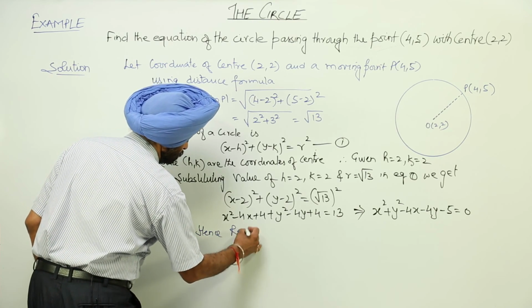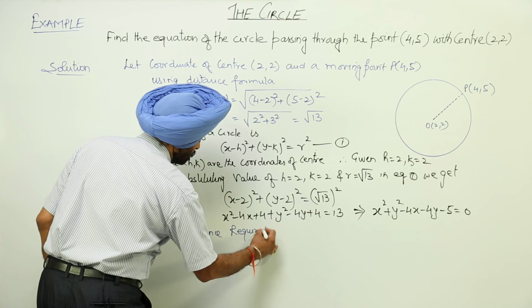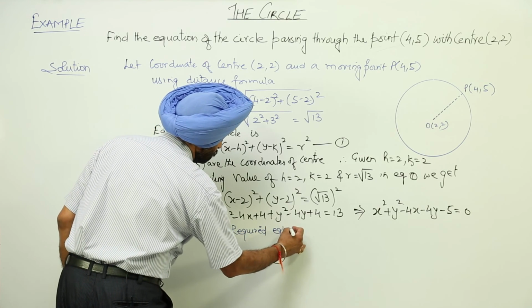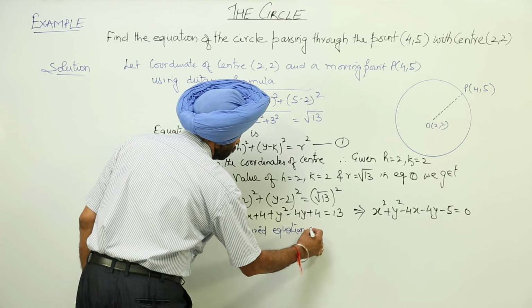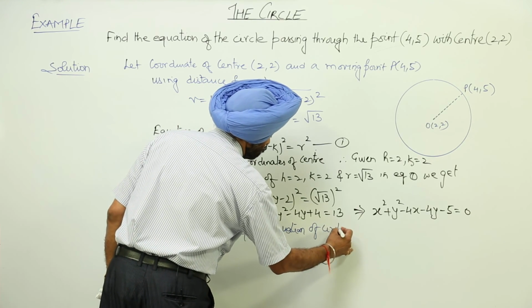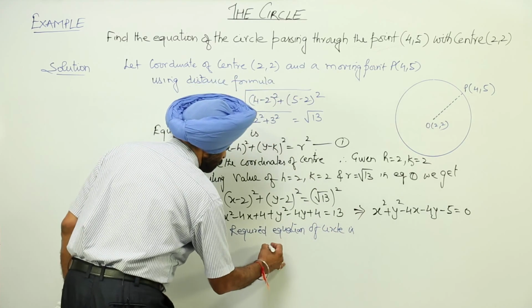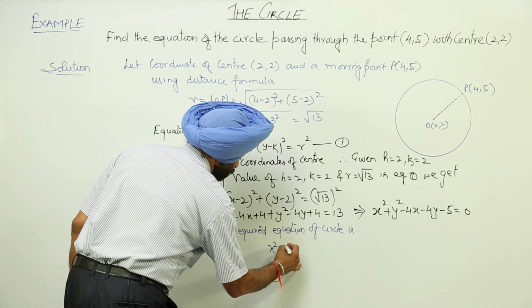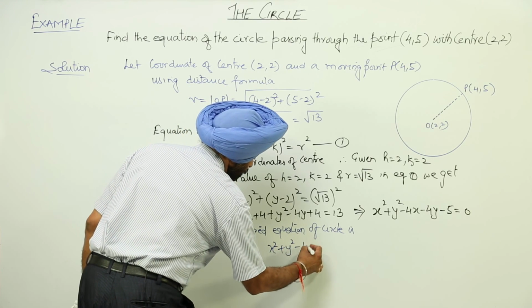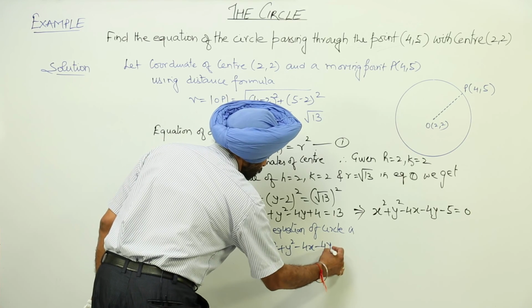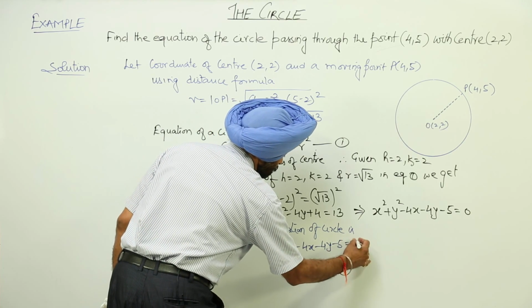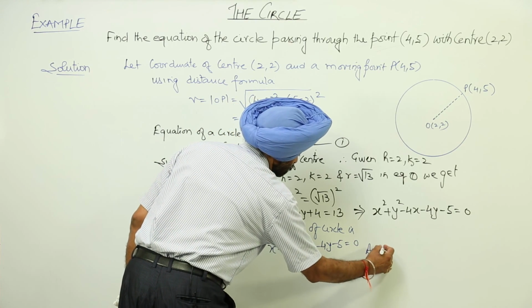Hence, required equation of circle is x square plus y square minus 4x minus 4y minus 5 is equal to 0. Answer.